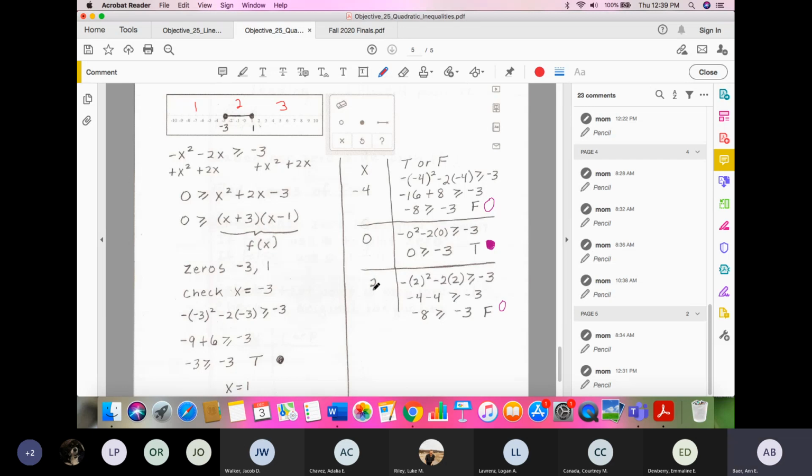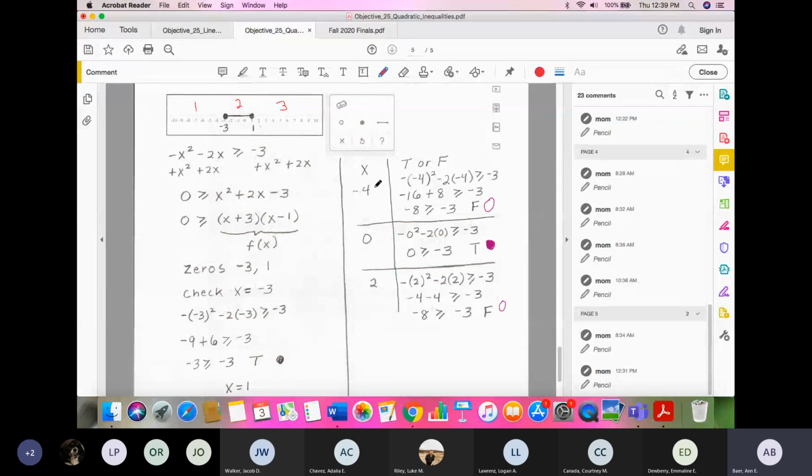Then we test in the original inequality, and we're asking ourselves, do we get a true or a false? If we get a true, we want all the numbers in that interval, and we want to use this icon right here. So we've got our original inequality right here. Let's test negative 4.